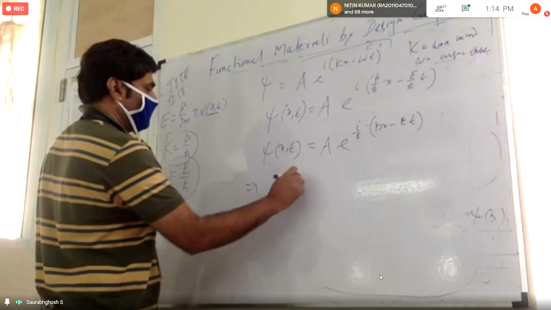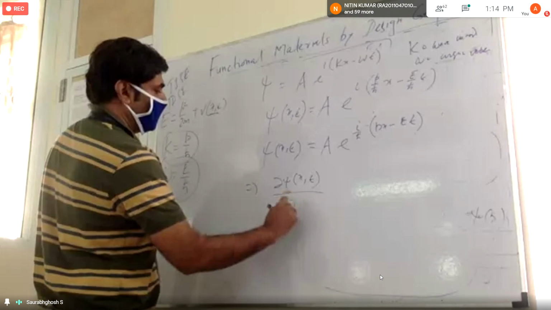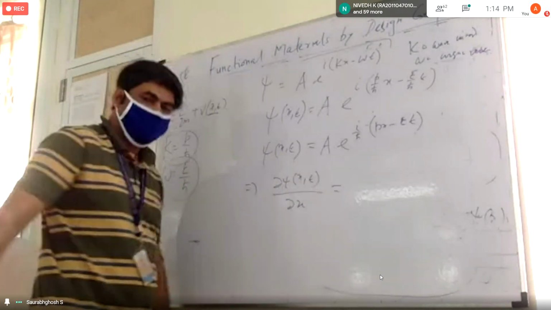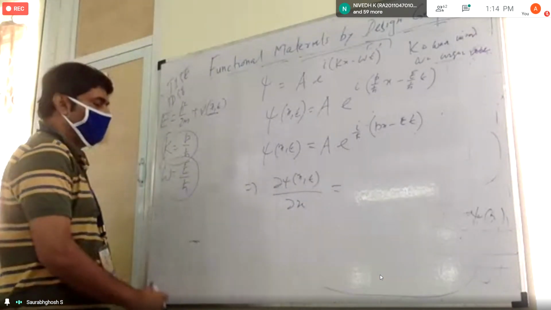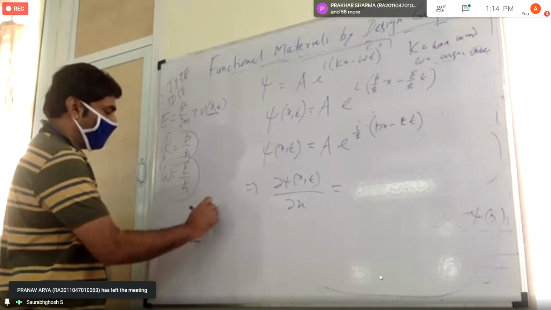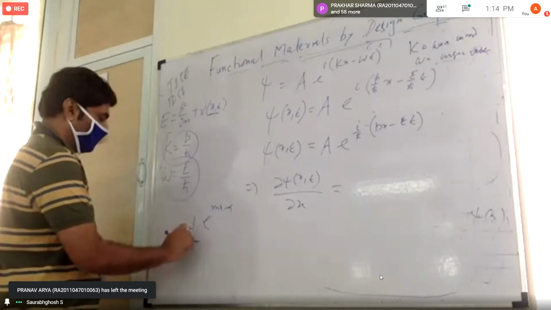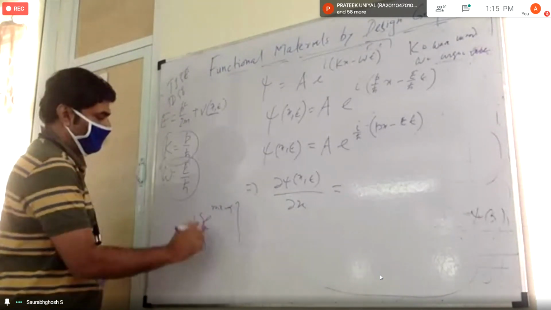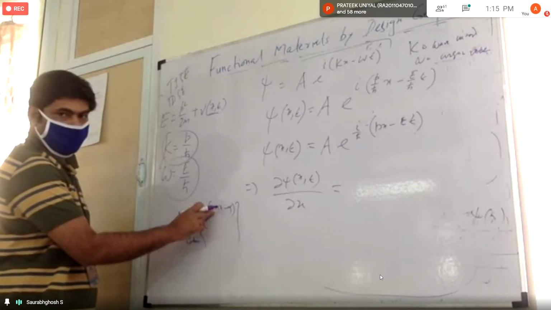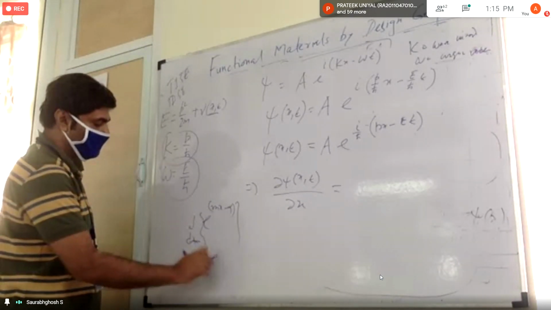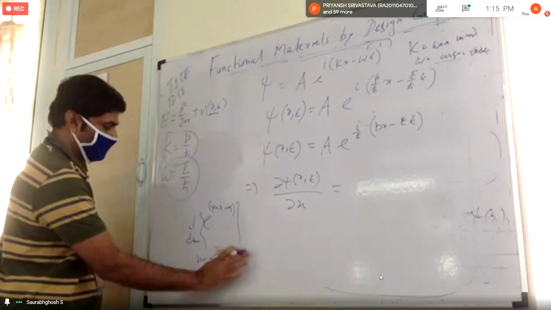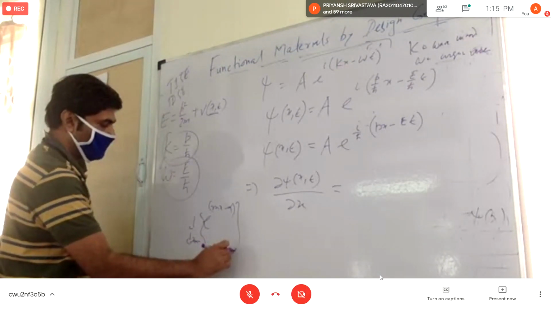So del psi(x,t) by del x. This is how you differentiate, suppose the power is mx minus alpha. You treat alpha as a constant, so it is basically m times e to the power mx minus alpha.